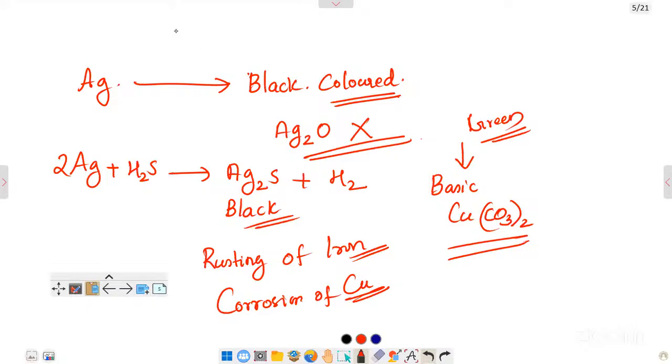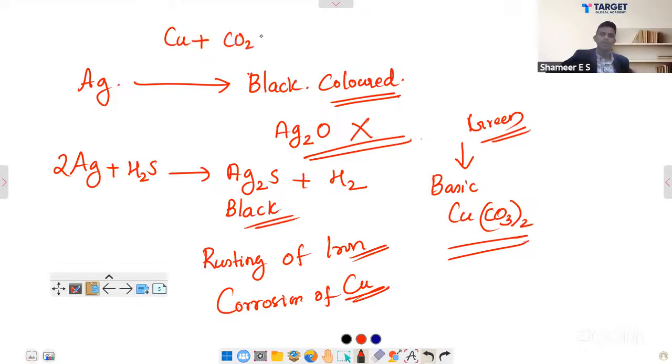Okay, so copper will react with carbon dioxide and water in air. Then there occurs a formation of copper carbonate plus H2. Then you can balance it: one copper, two CO3, and so on.